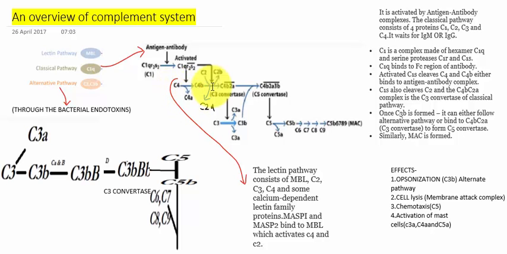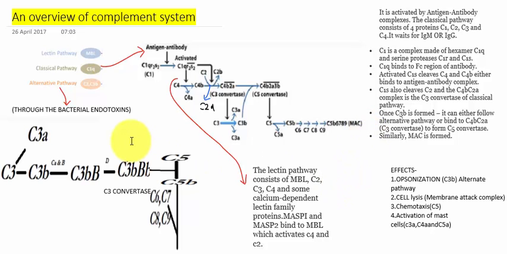C2 splits into C2b and C2a and it forms C4b2a, which is called the C3 convertase. As we have discussed in the classical pathway, it then forms the C5 convertase and lastly the membrane attack complex. So this is all about the lectin pathway.